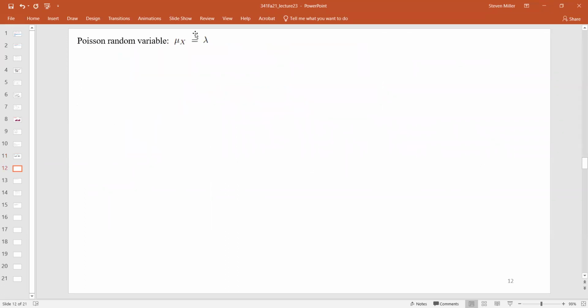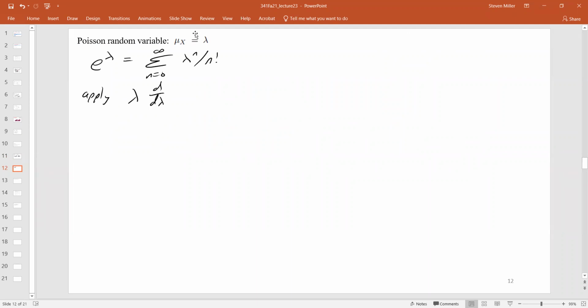All right, so this is a Poisson random variable. The first thing we want to do is prove that the mean is equal to lambda. There's a couple of ways to prove this. We could use the fact that e to the lambda is equal to the sum n goes from 0 to infinity of lambda to the n over n factorial. Let's apply lambda d by d lambda.